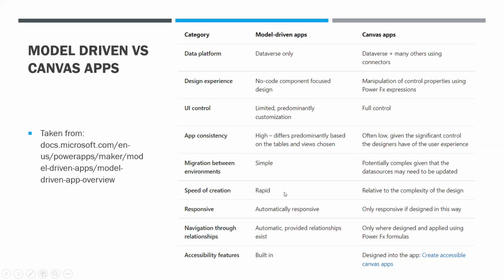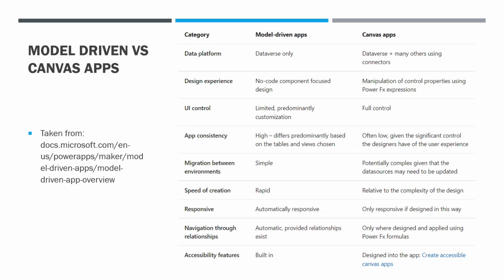Okay. Model-driven app is rapid development. All you need to do is create your database tables, create your views, and then generate your app out of it. Whereas Canvas app is relative to the complexity of the design. There is some scaffolding available, but if you need drastic changes or if you want a non-conventional UI, then you need to write your own code and make your own design.